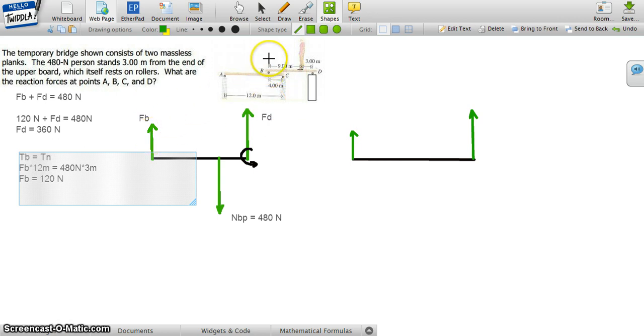So yes, there is an upward force on B from the lower level. So that means there's going to be a force on the lower level from B that's the same magnitude. So FB is downward.